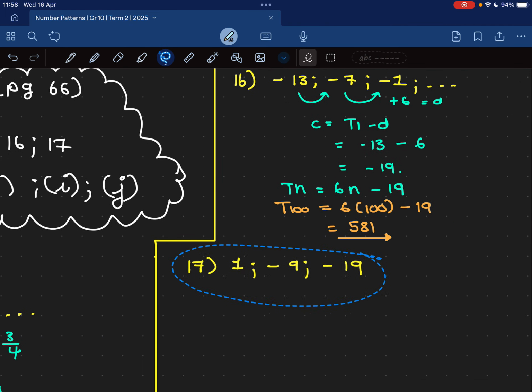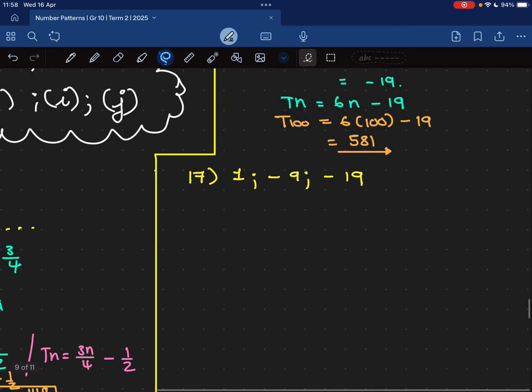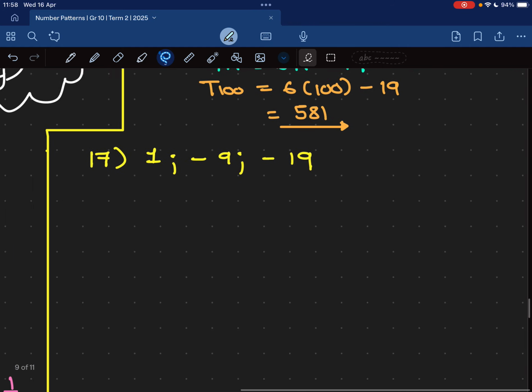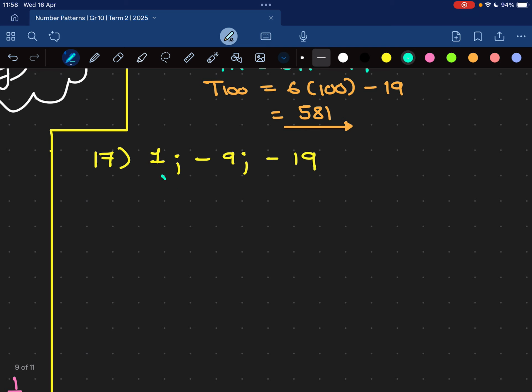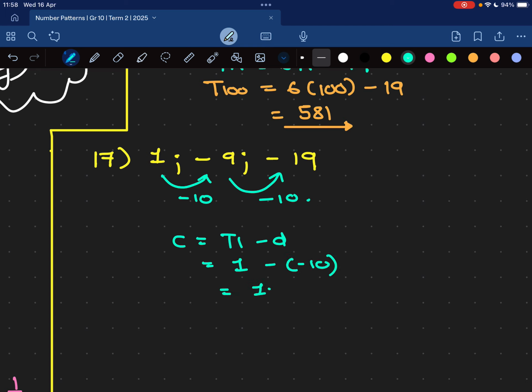Okay, then the last one I gave was 17. So 17, again, it's quite easy to notice you are minusing, and to get from 1 to minus 9, you have to minus 10. Okay, so you can already see that C will be T1 minus D, which is 1 minus negative 10, which is going to be positive 11. So just be careful of the signs here.